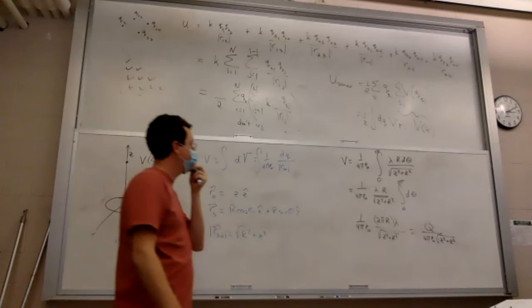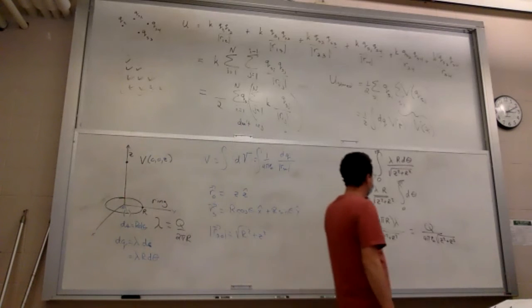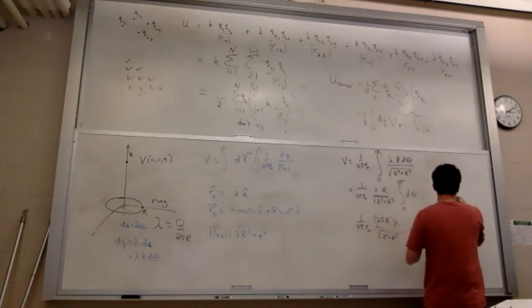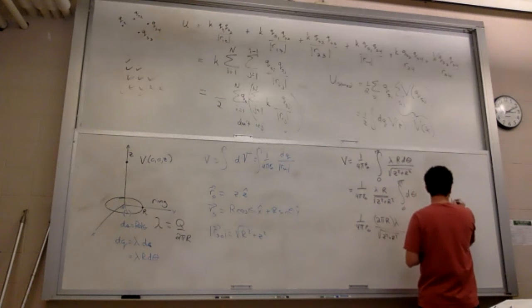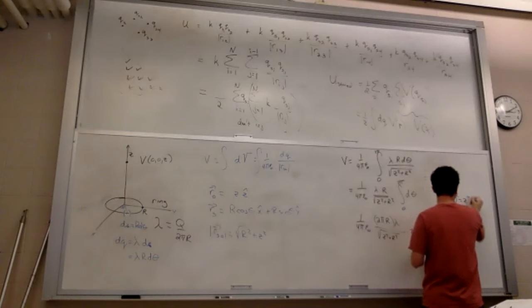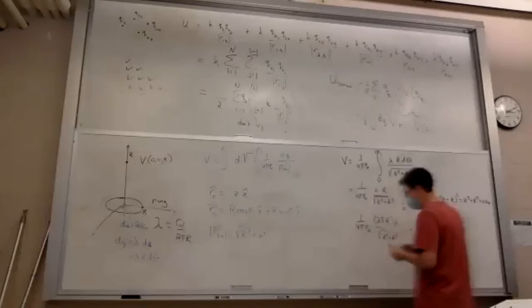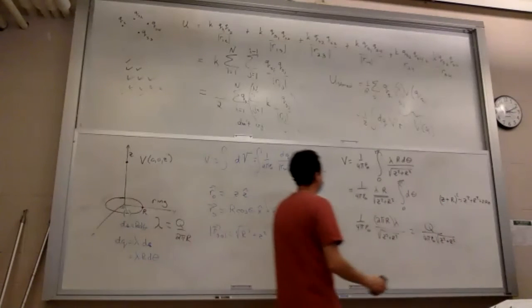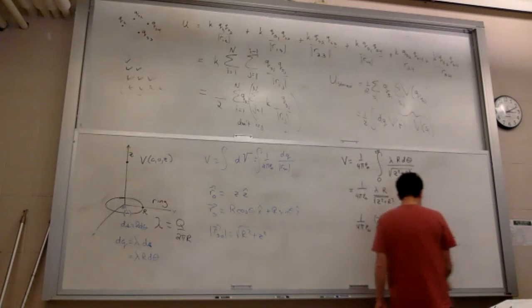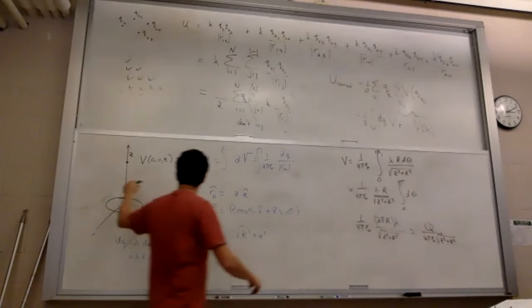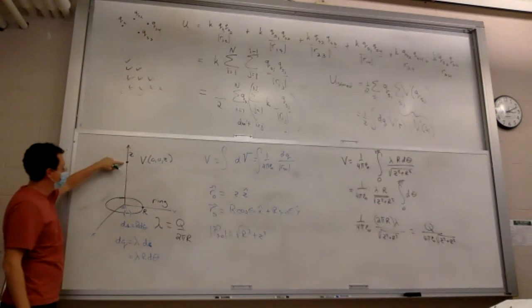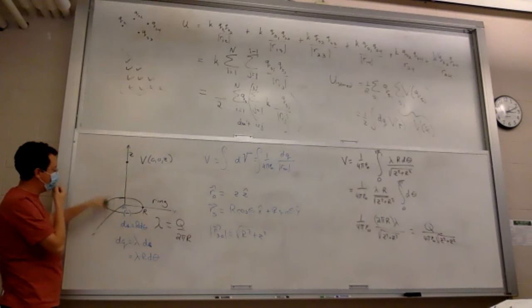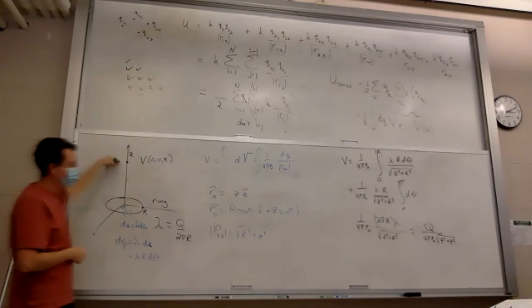Don't we just write that as Z plus R? It's z plus r squared is z squared plus r squared plus 2rz. All right, so that's the potential you would feel relative to this ring at some point along the z-axis.